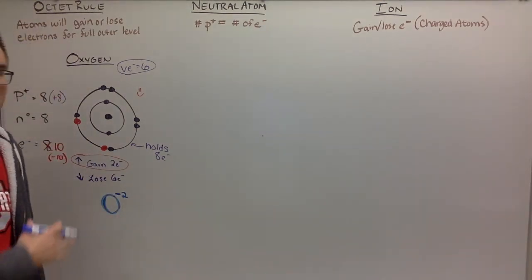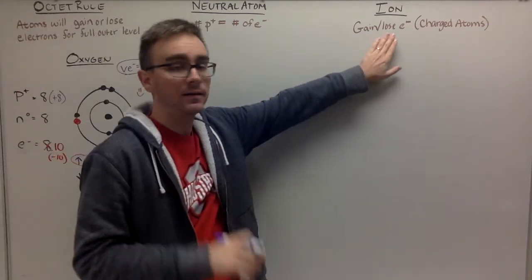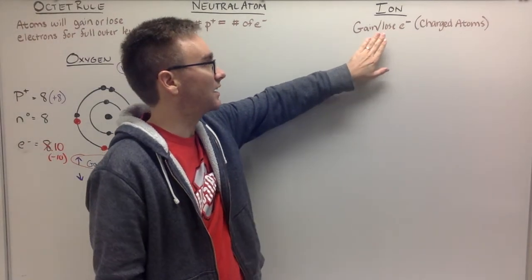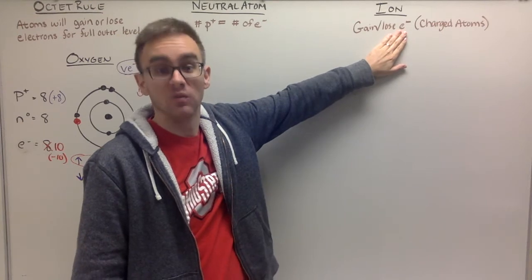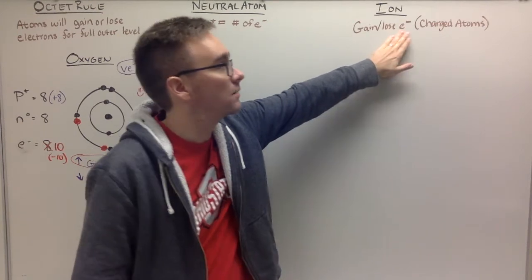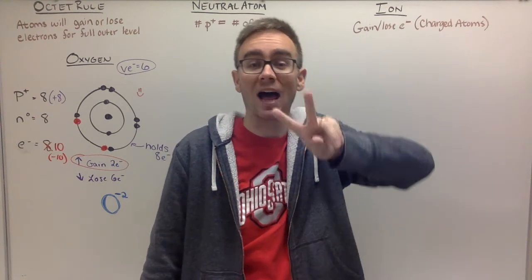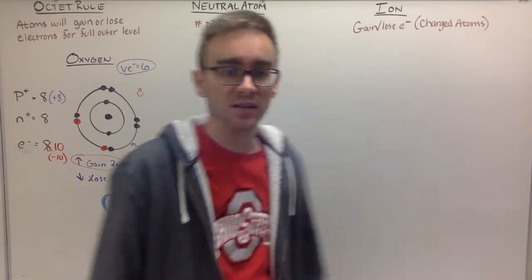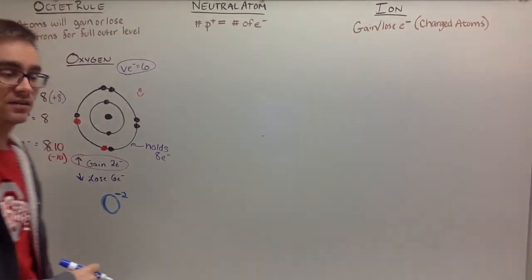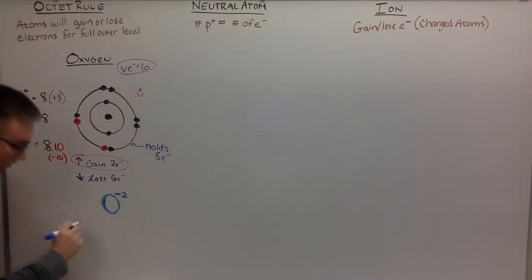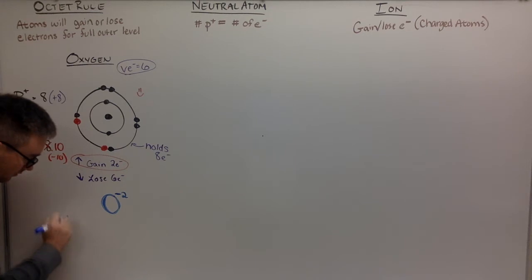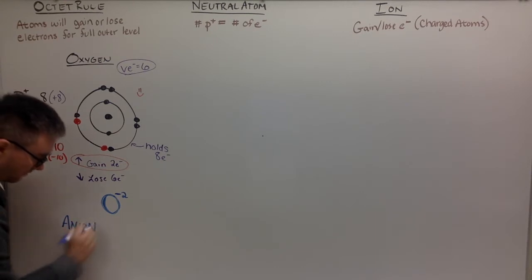All right, what I've created now is what we call an ion. An ion is any atom that gains or loses electrons, which we just gained 2, and becomes what we call a charged atom. Now there's actually 2 types of ions. This is a negatively charged ion, or what we call an anion. You can even see it's got the word ion in it.